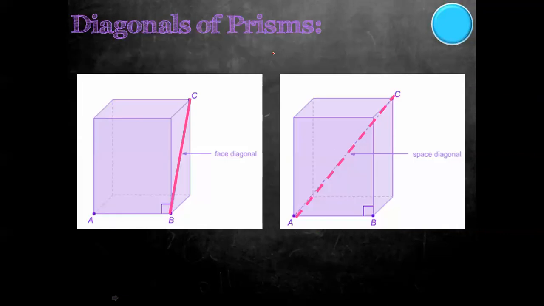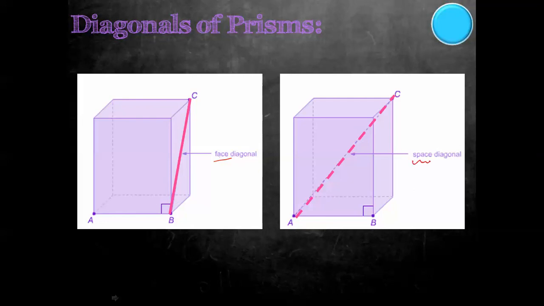There are two types of diagonals when we talk about prisms. There's the face diagonal, which is the diagonal that cuts the face in half. Remember the face is the outside part of the solid, so this line is on the outside of the prism, like drawing a line across the face of a box on a present.